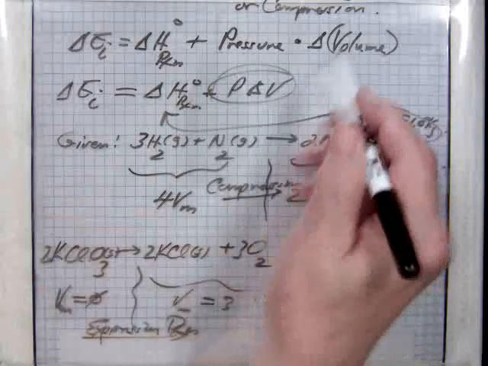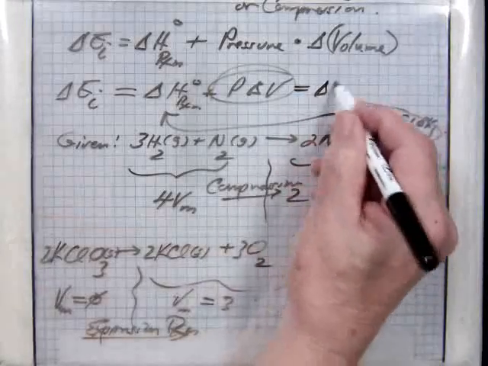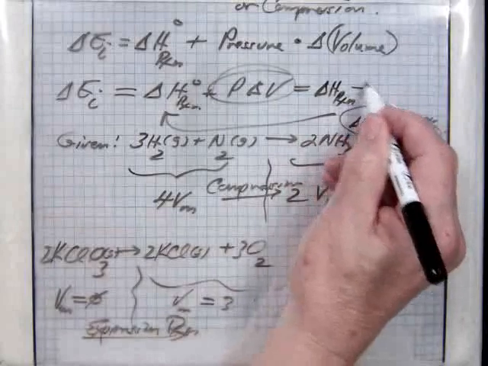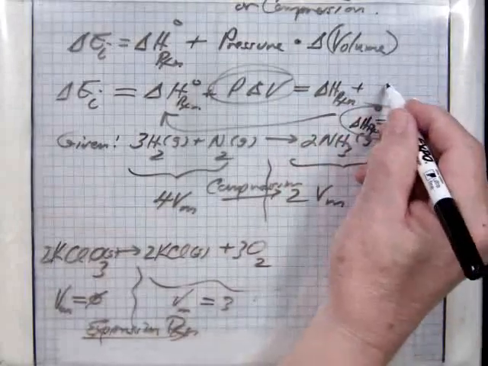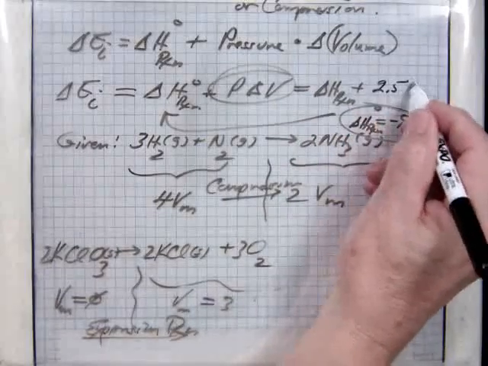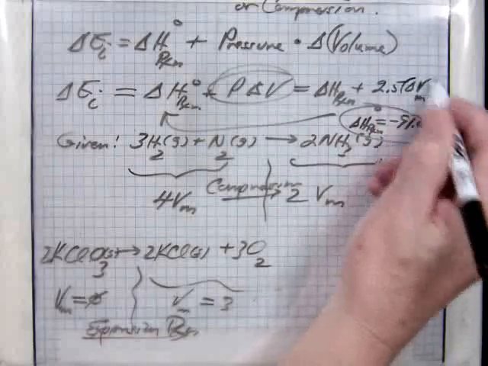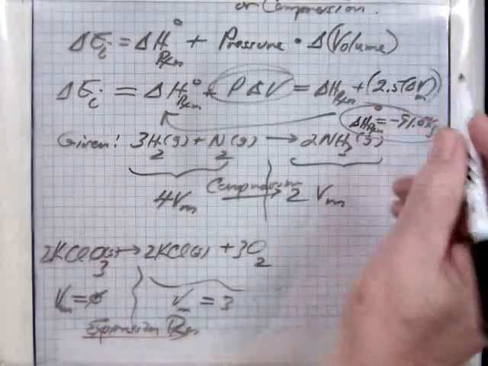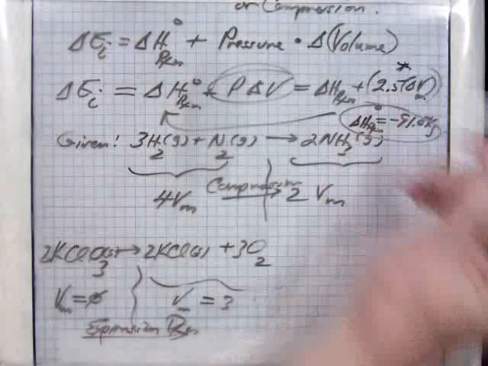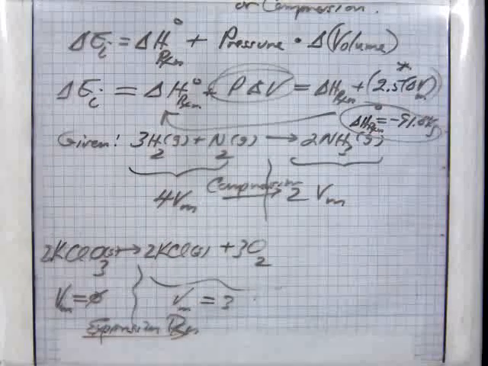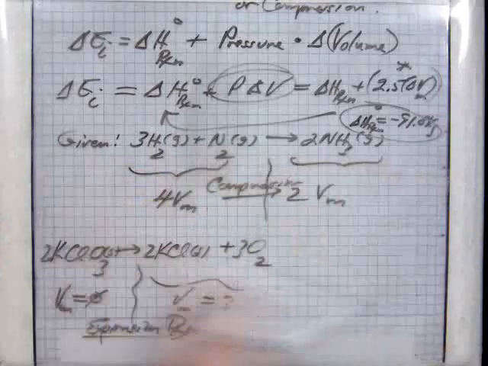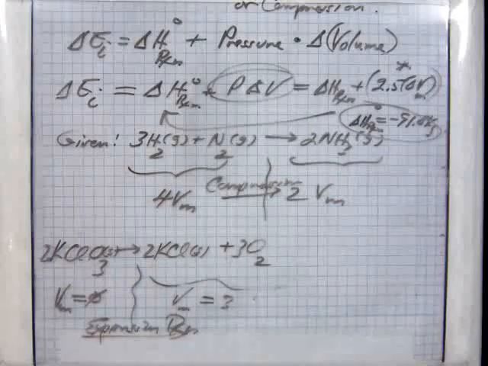And so this now becomes delta H of reaction plus 2.5 delta V of molar volumes. Now, this has a complication to it in that you have to apply a sign to that term at the end of the calculation. So we'll go through both of these and show you what the point is here.